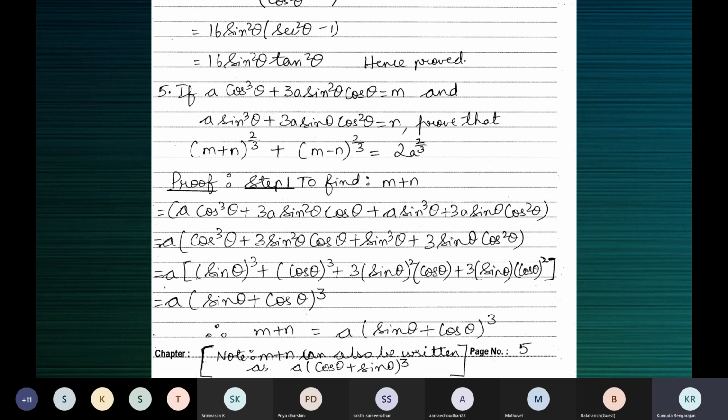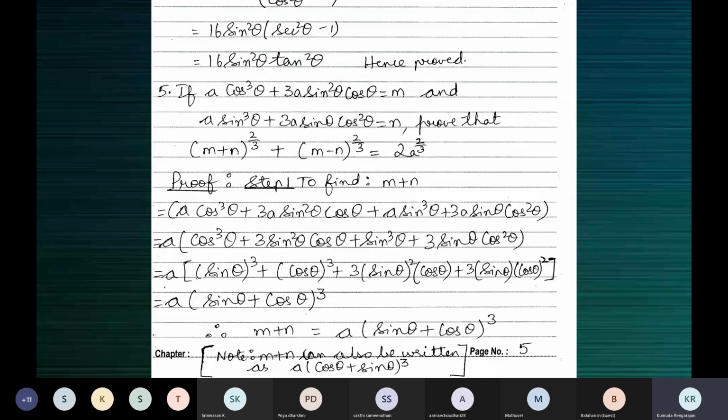I'm sure at least one person in the meeting is writing this. For that person, the next one: a plus b the whole cubed is also a cubed plus b cubed plus 3ab into a plus b.